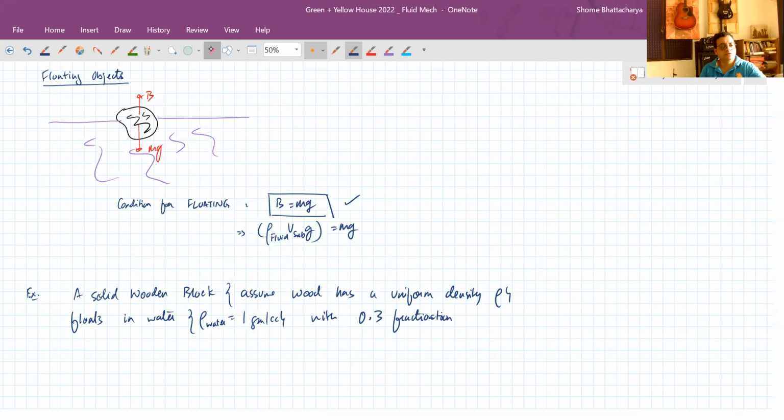Oh no, not 0.3, 0.6. So we'll make it 3/5. So with 3/5 of its volume submerged.